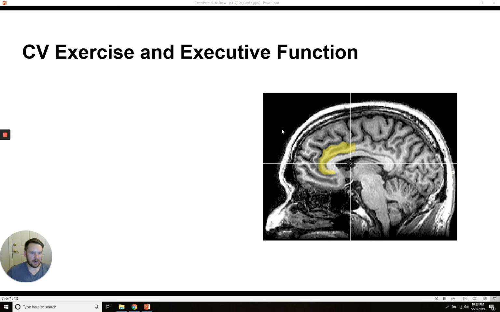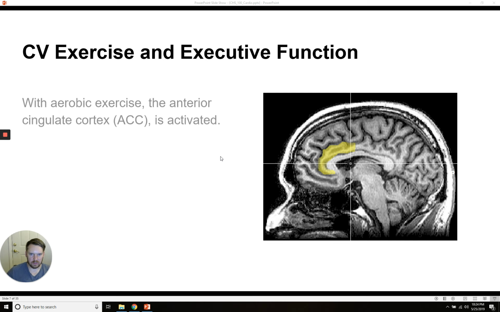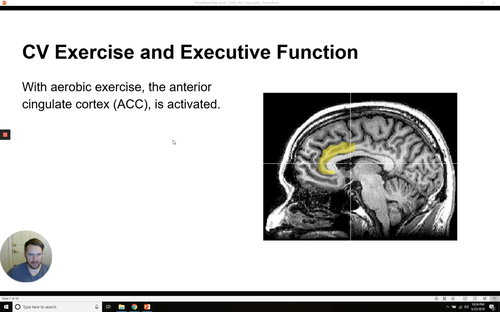Now, this region of the brain that's highlighted in yellow here is called the anterior cingulate cortex. This is a particular region of the brain that's heavily involved with aerobic or cardiovascular training. So with aerobic exercise, this anterior cingulate cortex is activated. And what's interesting is that some studies have even shown large increases in the volume of the anterior cingulate cortex with aerobic training.